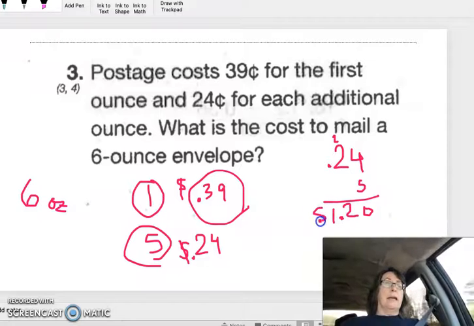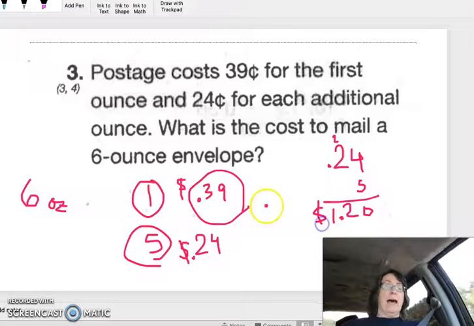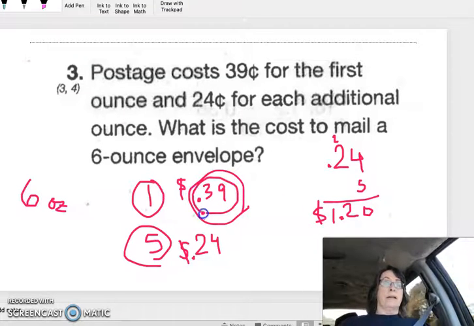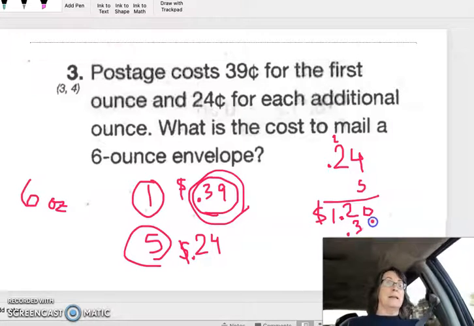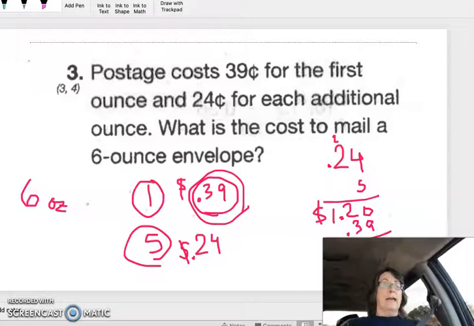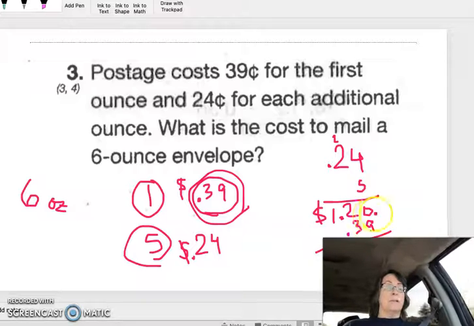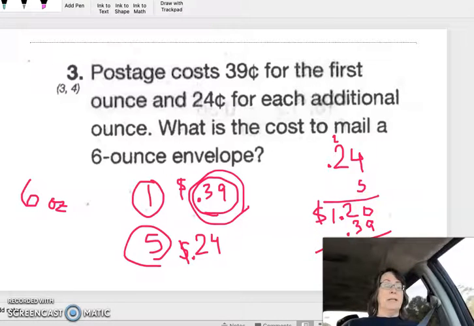$1.20, but then we have to add the 39 cents for the first ounce. So $1.20 plus 39 cents, and that is going to be $1.59.